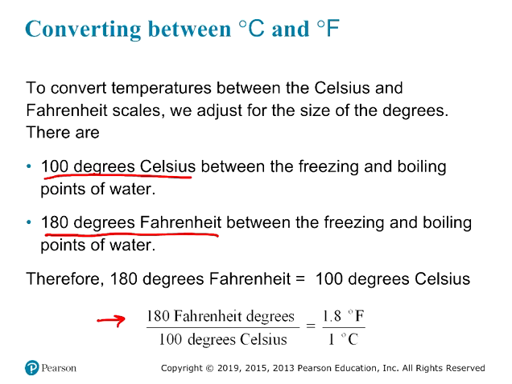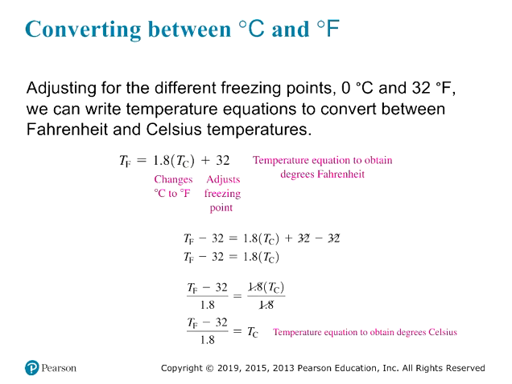Okay, so that's the first part. In the next part, we need to adjust for the different freezing points. So remember, the freezing point of water is 0 degrees Celsius or 32 degrees Fahrenheit. So we need to take that difference into account. All right, so let's say that we're trying to calculate the temperature in Fahrenheit, and we're given a temperature in Celsius.